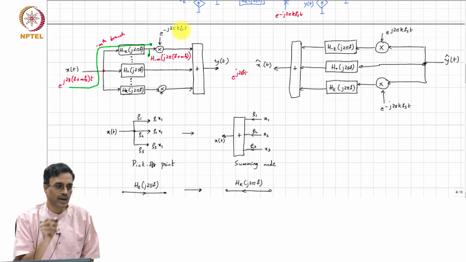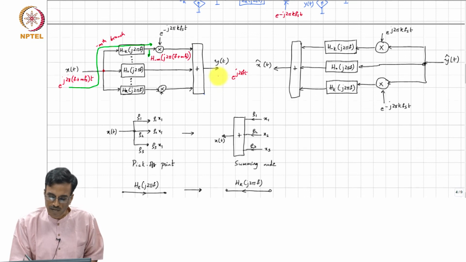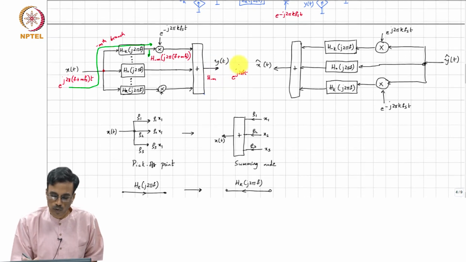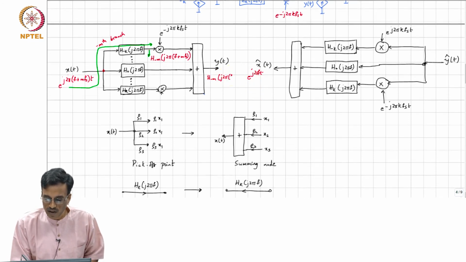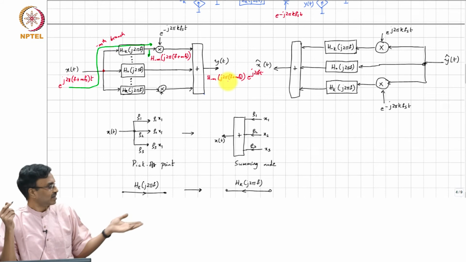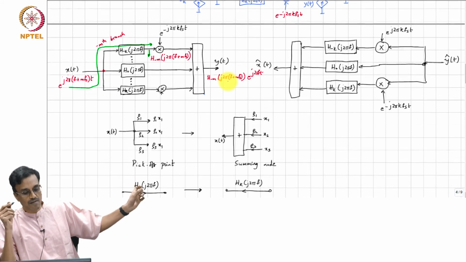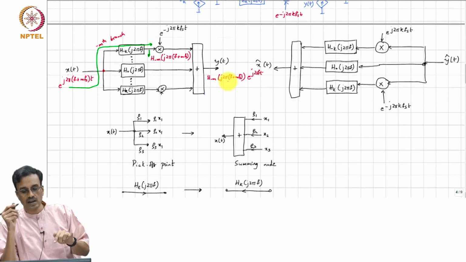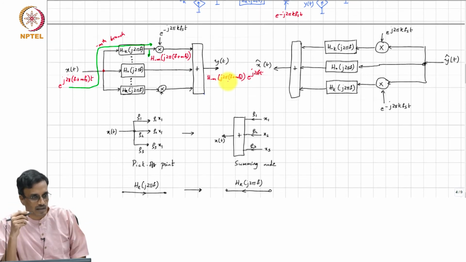Then it is getting multiplied by e to the minus j 2 pi m f s t. So, what will come out here will be h minus m of j 2 pi f plus m f s times e to the j 2 pi f t. Well, this is something that we know. If you take an LPTV network, the transfer function from an input at f plus m f s to an output at f is simply h minus m of j 2 pi f plus m f s.